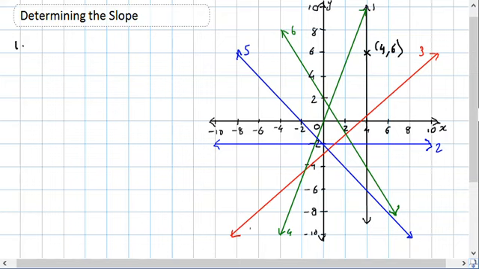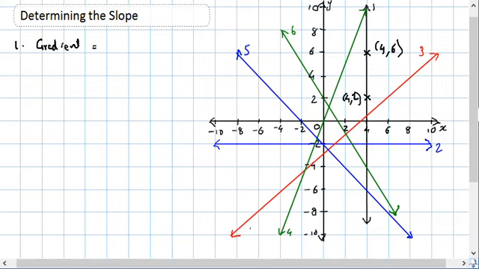So 4 and 6, and let me take any other coordinate, say how about this one? So the coordinates of this point are 4 on the x-axis and 2 on the y-axis. So gradient would be equal to y2 minus y1.